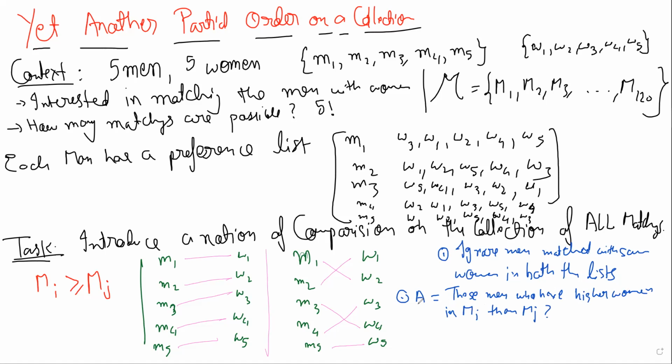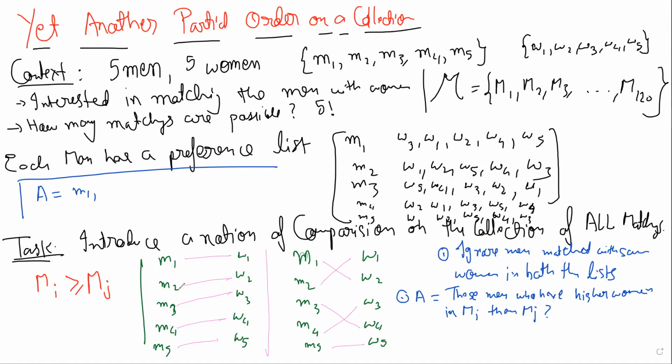So for example, let's see what A is for this example. Why don't we have M1? M1 is there, right? So M1 is there.